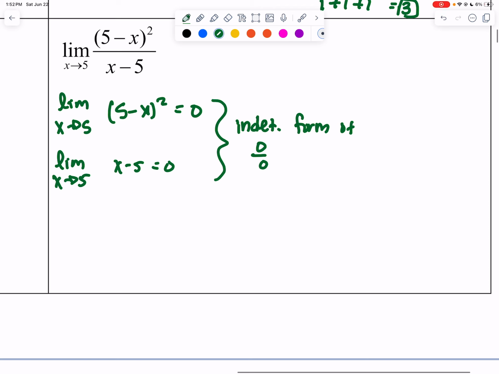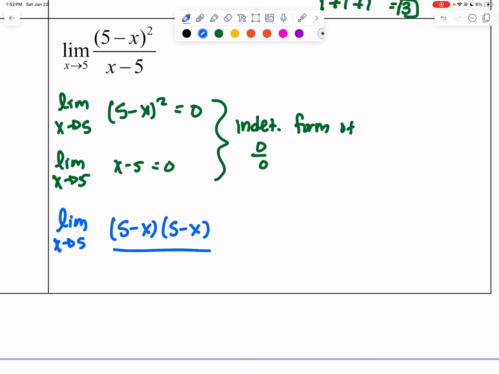So now I just have to think, how can I simplify this? Well, I have the limit as x approaches 5 of 5 minus x over x minus 5, and what I can do here is factor out a negative.